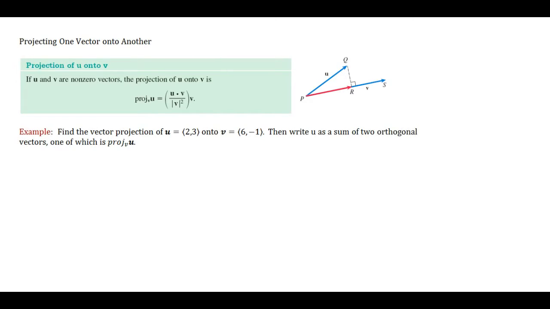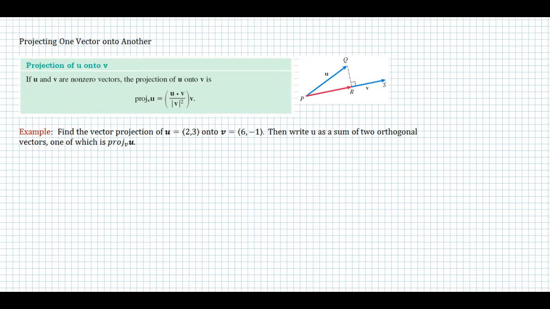Again, maybe I should draw a little picture so it at least looks somewhat neat. So here are my axes, which should be enough. We will call u (2, 3). So 2, 3 is right there. There's one vector.